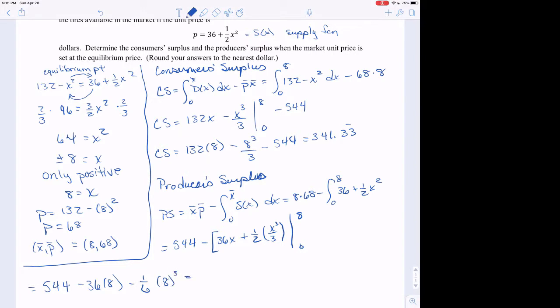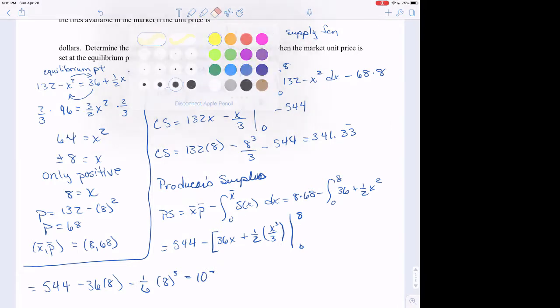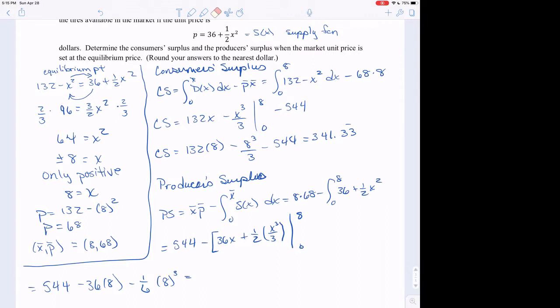Plugging that into our calculator, we get 170, not 107, 170.6 with the bar over it. Okay?